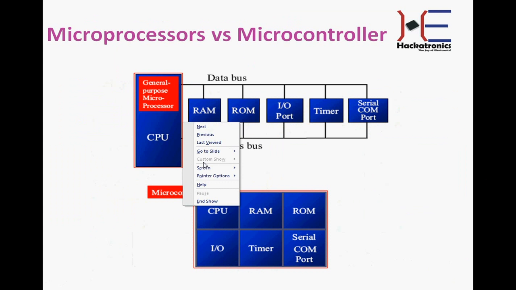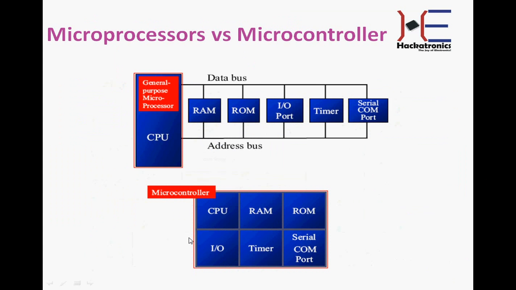But this picture will clear it out. Look, in the first figure, a microprocessor is externally connected with RAM, ROM, timers, IO ports, etc. While in the second figure, you will see a microcontroller contains all the peripherals inside itself.